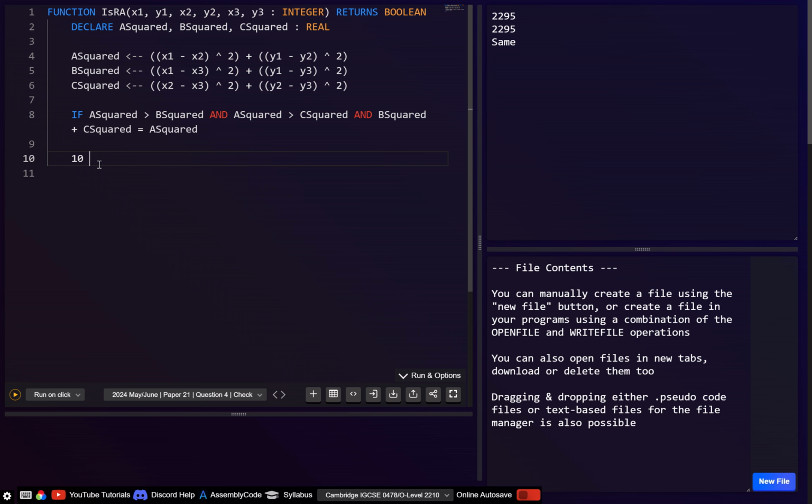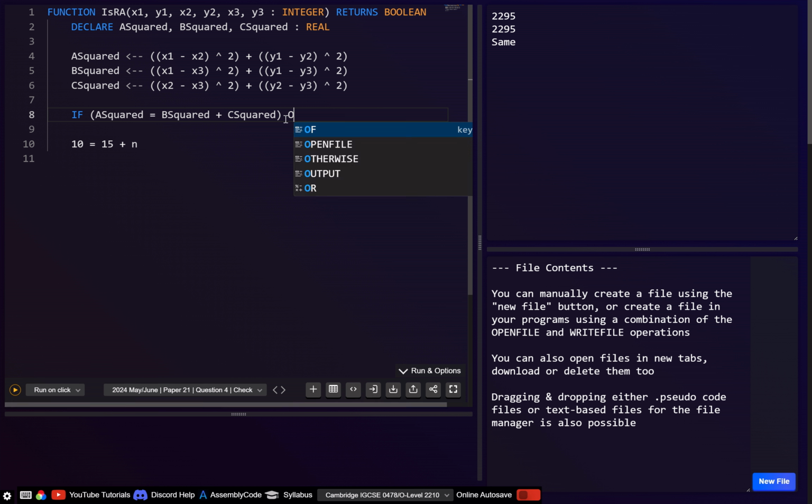Let's say a squared is 10 but b squared is 15. No matter what c squared is, this is always going to be false, because we're already too big. So let me put this on the other side, just so it's more similar to how Pythagoras is actually written. I think we can just check these three different conditions.